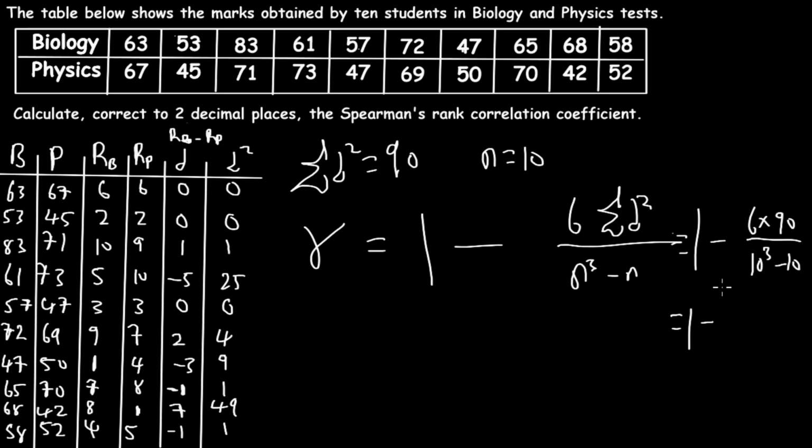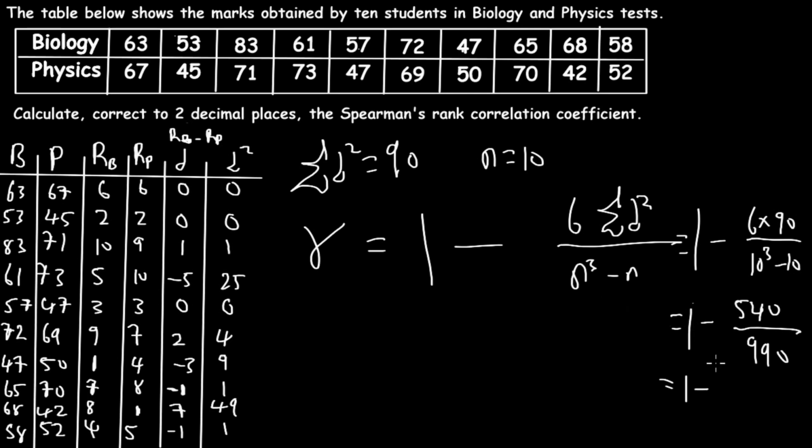I got 540. 10 cubed is 1000, and 1000 minus 10 is 990. So we have 540 divided by 990.